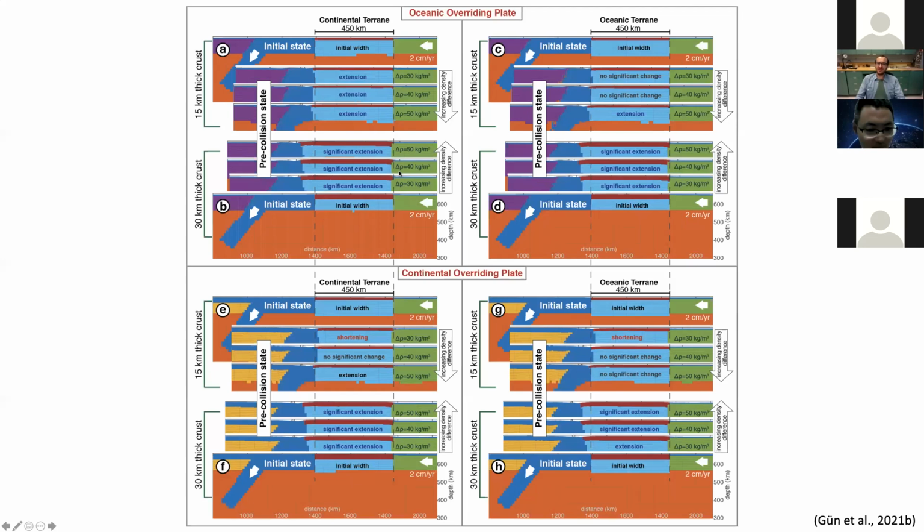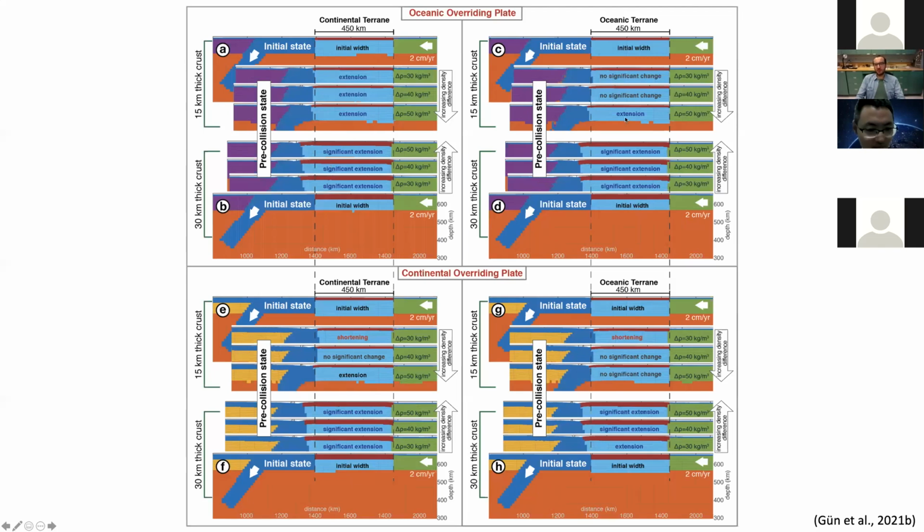The magnitude of slab is not affecting it too much, so we see mostly similar extensional magnitude. But when it comes to the 15 kilometer thick crust, again we see some extension, but not as much as what we see in the 30 kilometer thick crust cases.